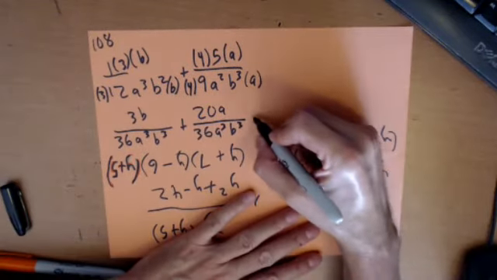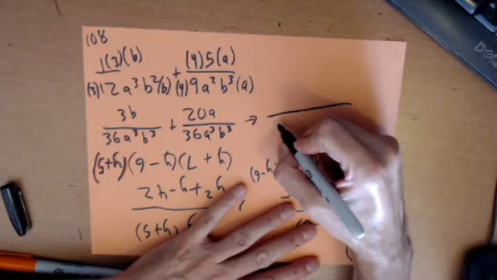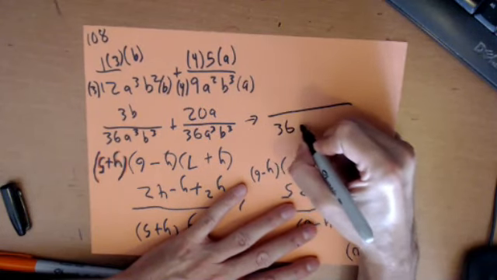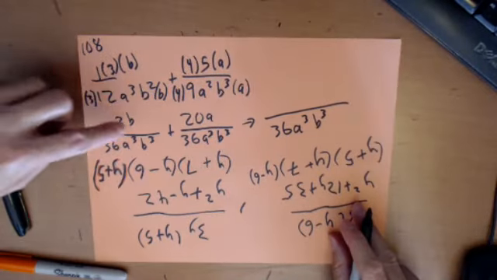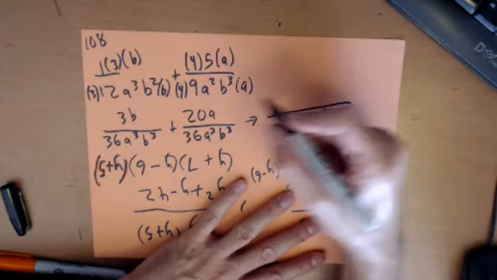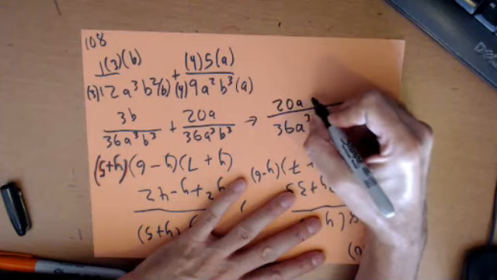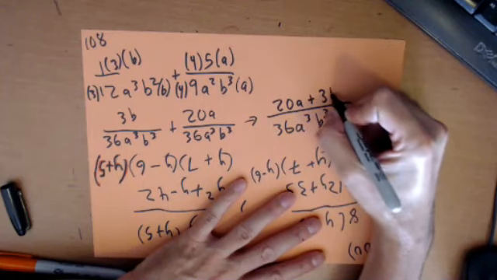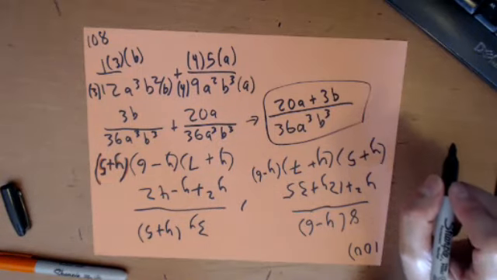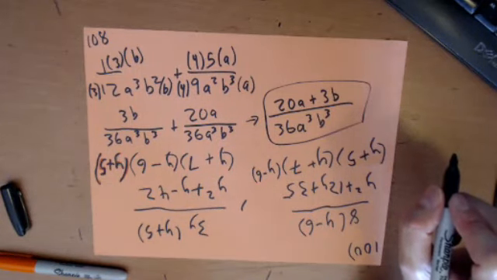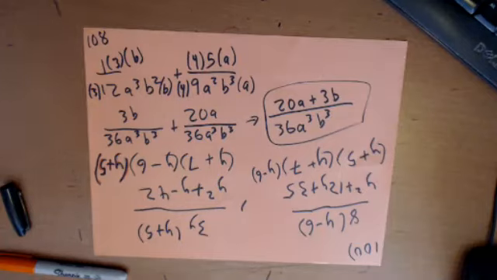So if the bottoms are the same, we just need to write it once. 36a cubed b cubed, and then the top is just this plus that. I'm going to put the a stuff first because it looks prettier. 20a plus 3b. Oh my, oh my, oh my. That was 108. Okay, on to 110.